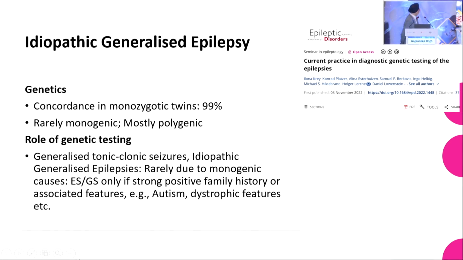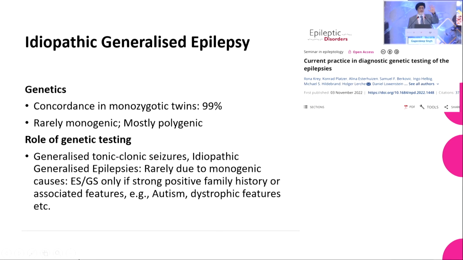A question often asked is, what is the role of genetics in idiopathic generalized epilepsy, and what kind of genetic test do I need to do in someone in whom I've made a diagnosis of idiopathic generalized epilepsy? So, although there is a high rate of concordance, we need to understand that idiopathic generalized epilepsies are rarely monogenic.